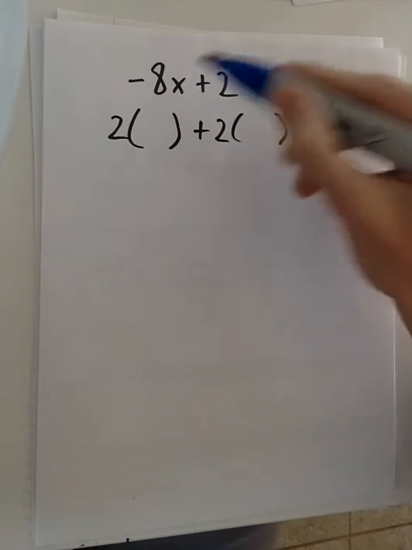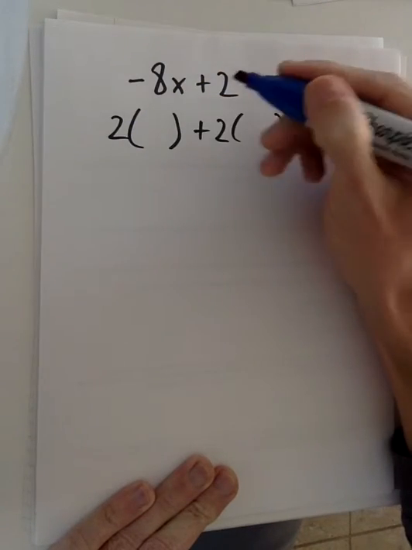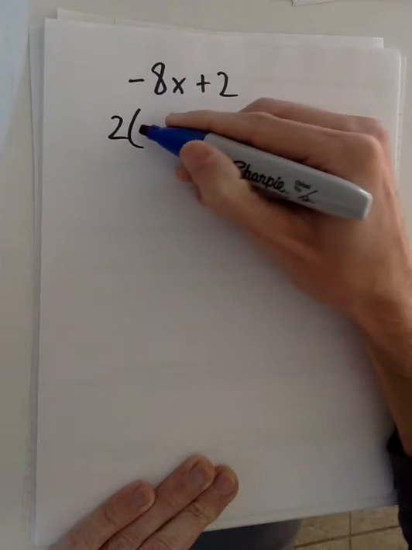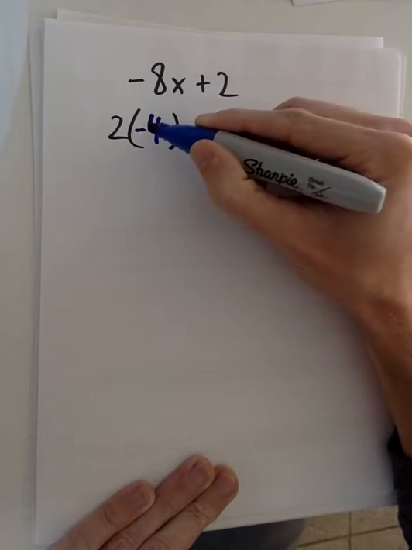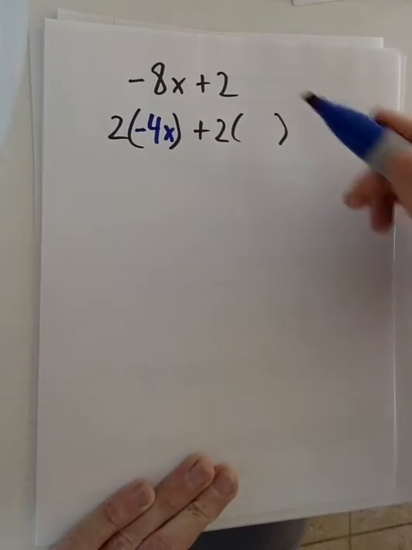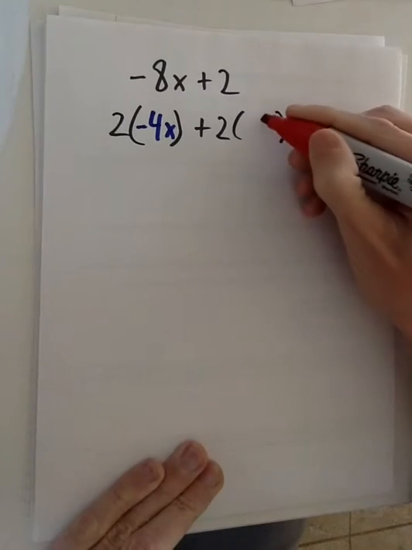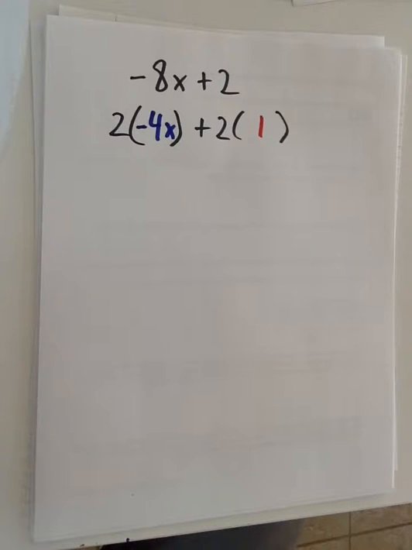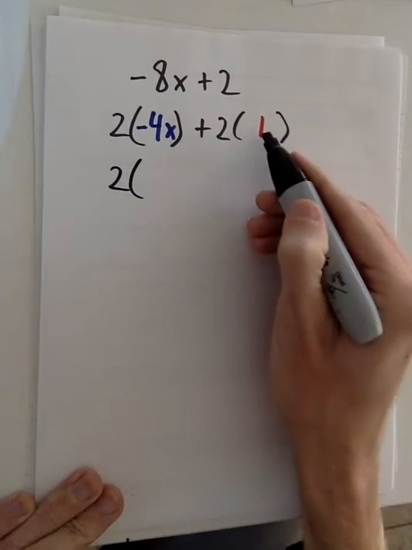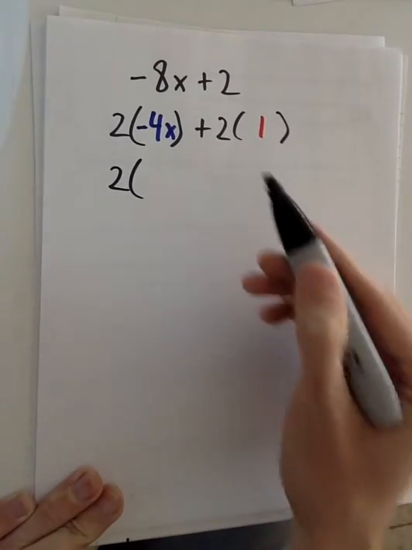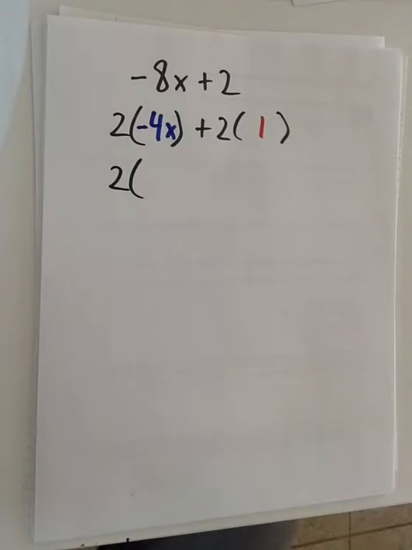2 times what would be negative 8x? So that would have to be, because 2 is positive, to get the answer to be negative, we would have to multiply by negative 4x. 2 groups of negative 4x would be negative 8x. On this side, we think 2 times what would be 2? Well, that would still just be 1. So now if we move our 2 out to here, because each of these are being multiplied by the same number, by 2, we can consolidate by saying 2 times each of these elements together.